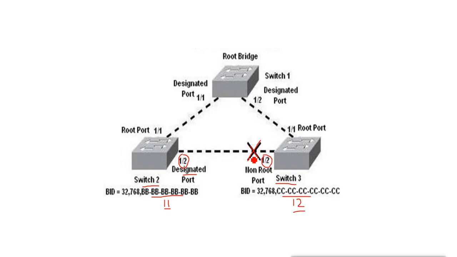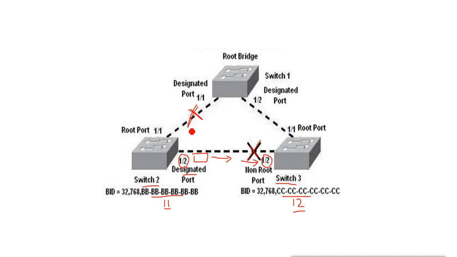Now in case this port goes down, this switch has to reach the other switches. Because it is in designated state, it can send the BPDU on this side, and this port is in the blocking state, so it will accept the BPDU, and in that BPDU it is saying that I want to reach the other side, I no longer have this connection.